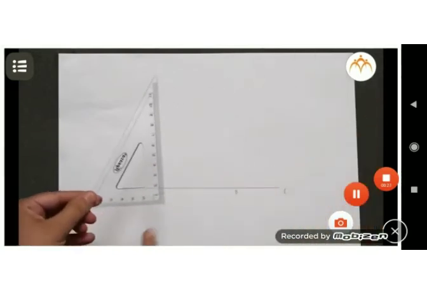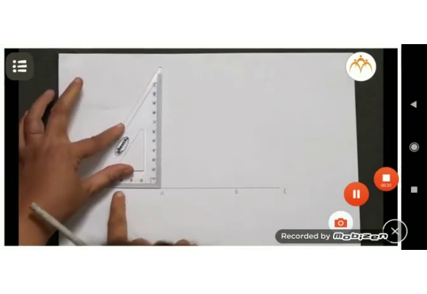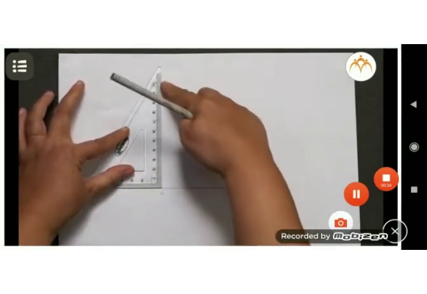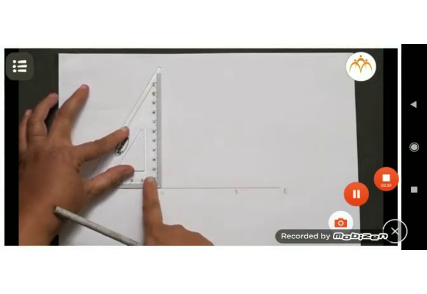Let us take a point A and point B on the line L. Now we take 30, 60, 90 degrees set square and place its smallest edge exactly on the given line in such a way that the other perpendicular edge passes through the point A.